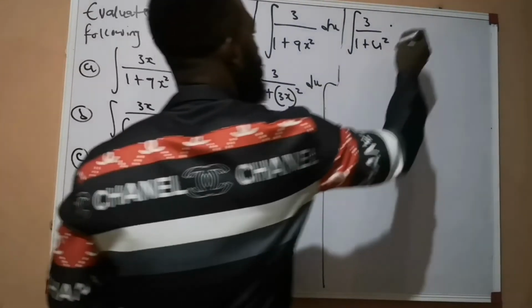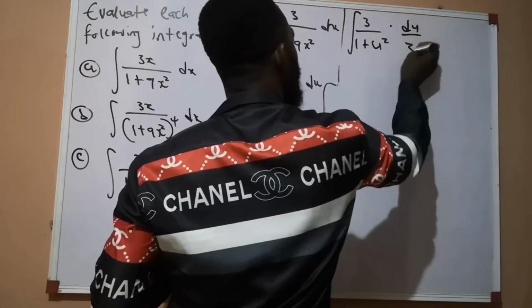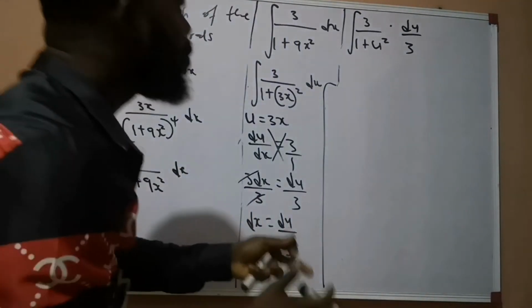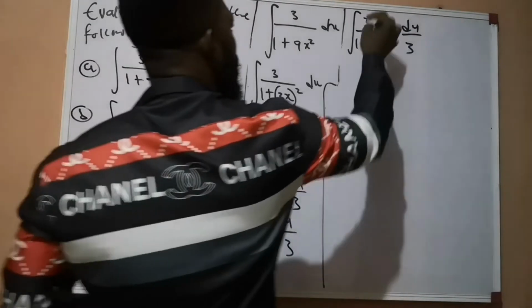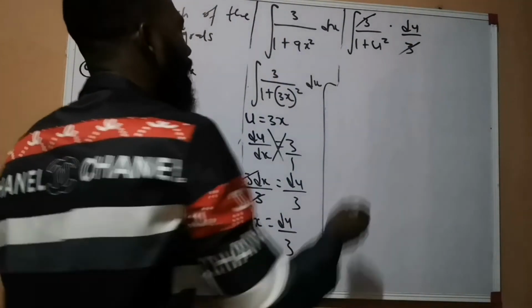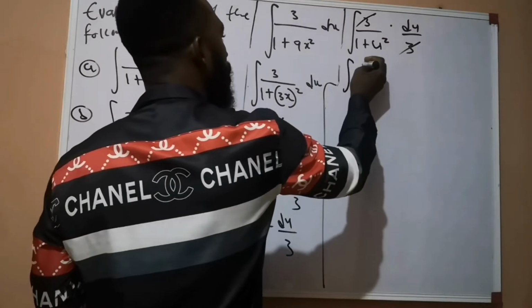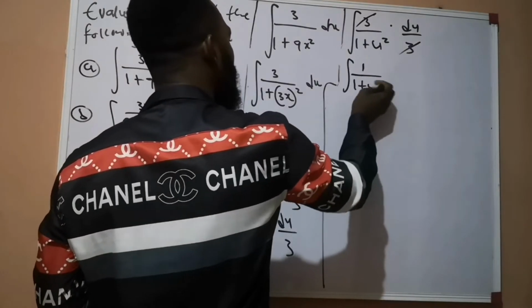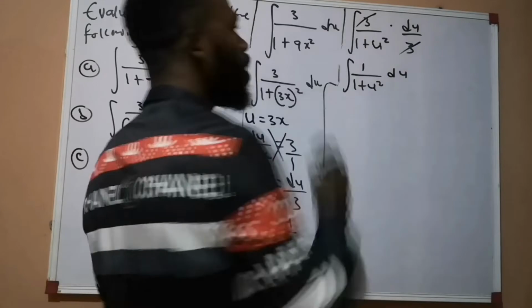What's our dx? du over 3. Now, you will see that it is possible for 3 to cancel 3. So here becomes the integral of 1 over 1 plus u raised to the power of 2 du.